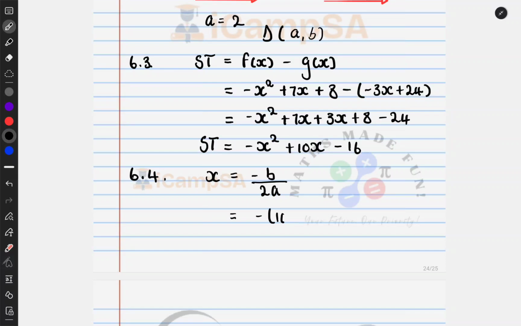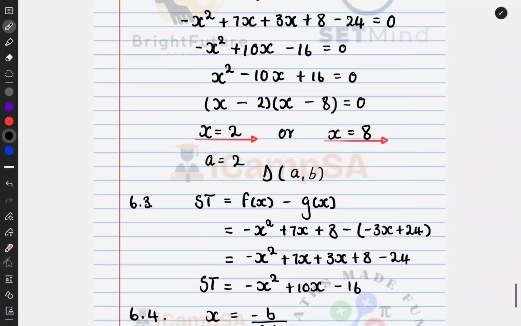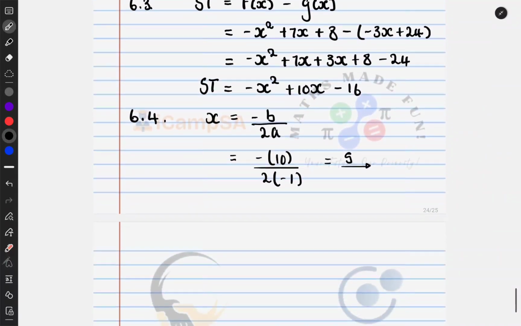We'll have minus 10 over 2 times negative 1. So negative divided by negative is positive. 10 divided by 2 will be 5. That is the value of x where the maximum length of ST will occur. So we have the x coordinate. Now we can go to our equation of ST to find the maximum length of ST.